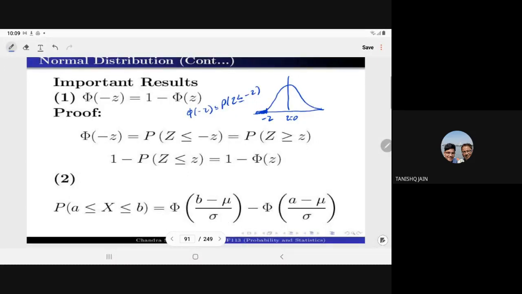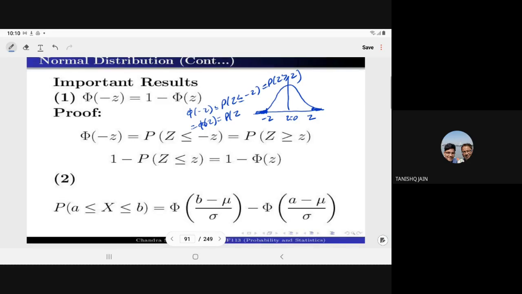Due to the symmetry, on this side we have the same area. It means phi of minus z is equal to the probability Z greater than or equal to z, because it is a symmetric curve. Clear? It is the symmetric curve.